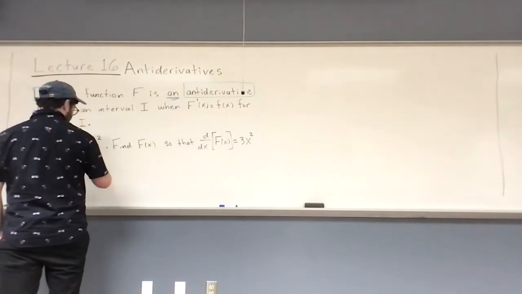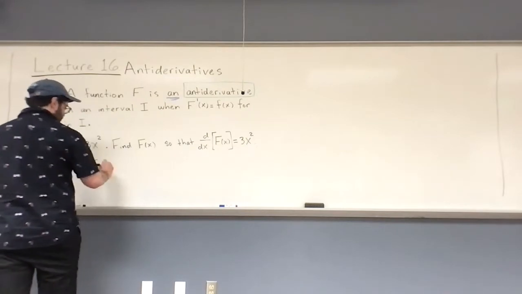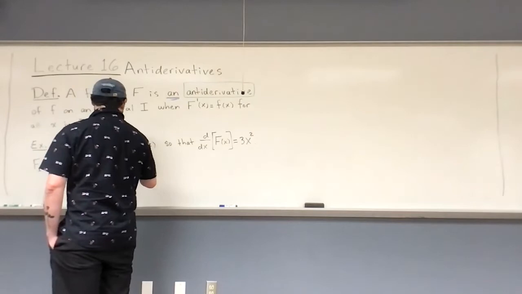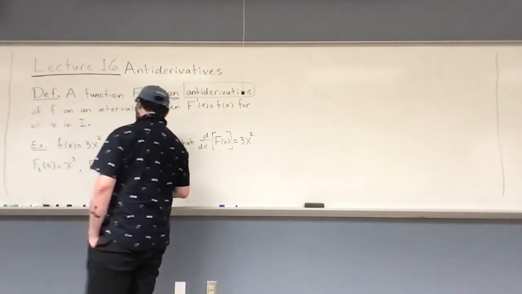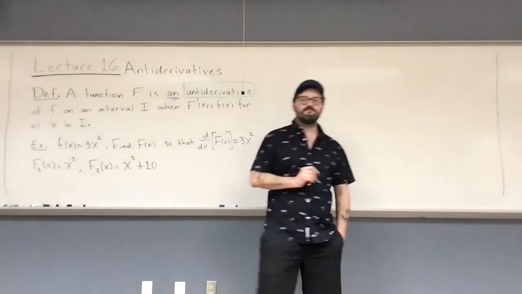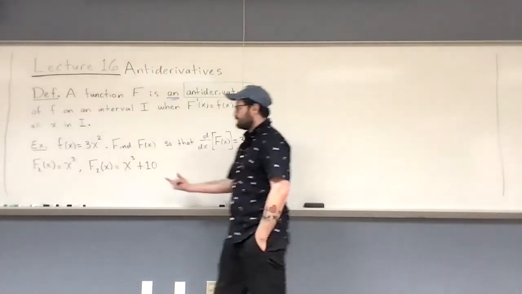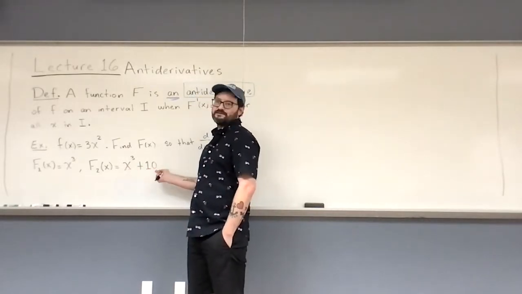I'll label this subscript 2. So F subscript 2 of x is equal to x cubed plus 10. What happens when you take the derivative of this function? It would be 3x squared, and then the derivative of 10 is 0.